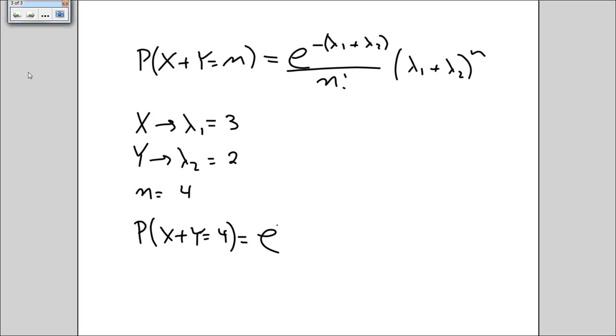Well, it's e to the negative lambda 1 plus lambda 2 all over n factorial times lambda 1 plus lambda 2 to the 4th.